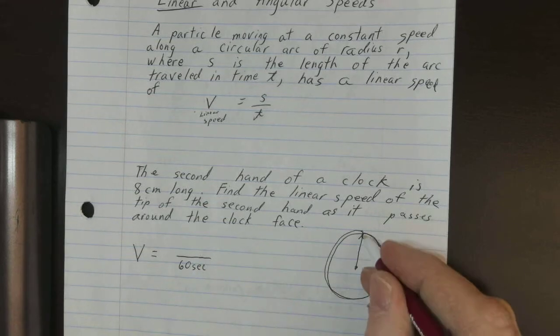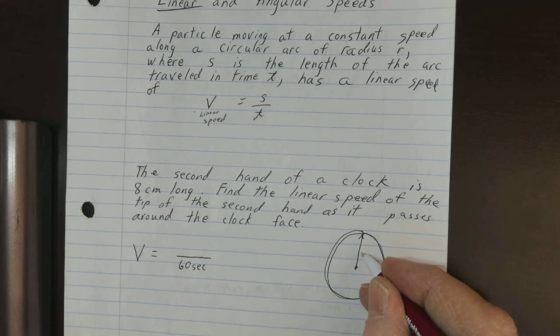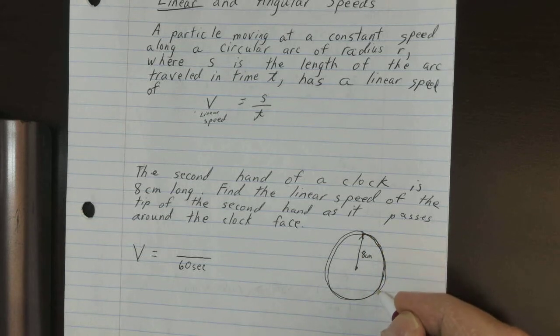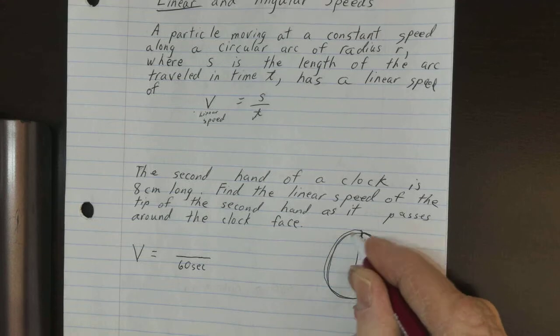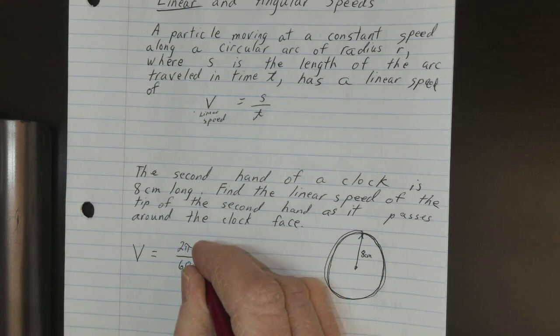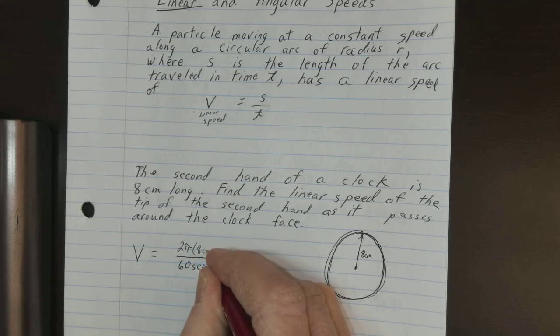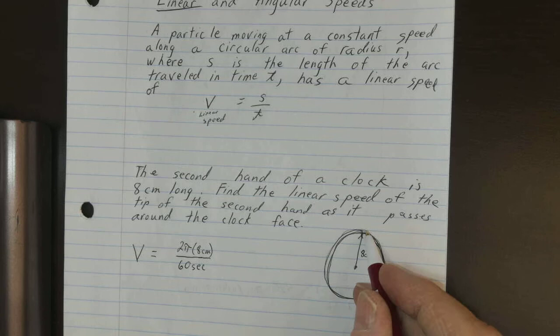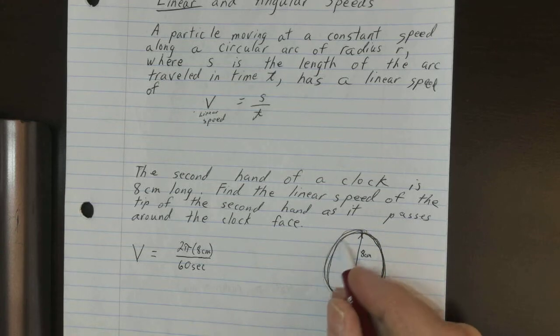Well, how far does that travel? This is an 8 centimeter second hand, and it goes around once. So it goes around 2 times pi times 8 centimeters. 2 pi r is the entire circumference, and it does the circumference in 60 seconds.